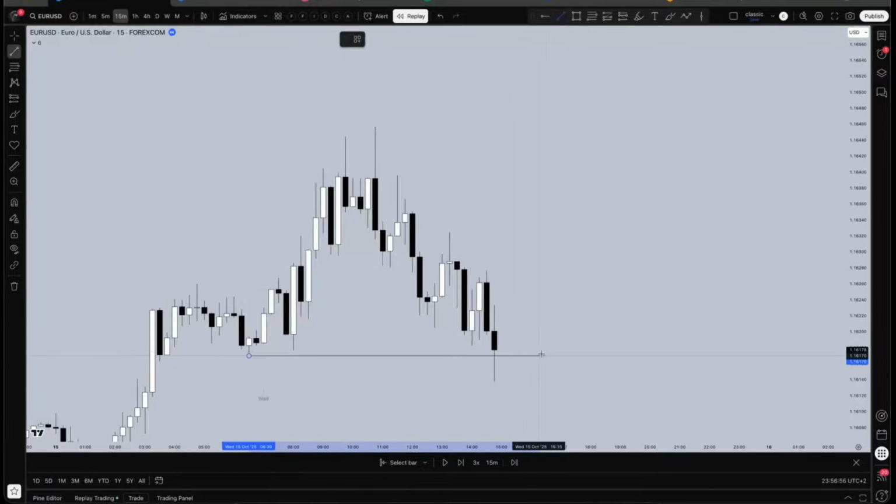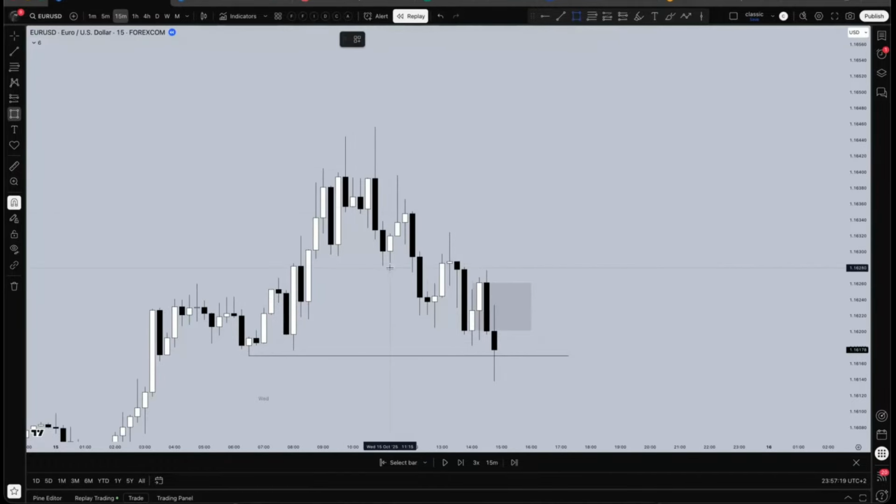We first of all have to identify the change in order flow level, meaning which PD array price used to give that last recent leg to the downside. In this case, we have this bearish OB, which price used to then drop into that low.